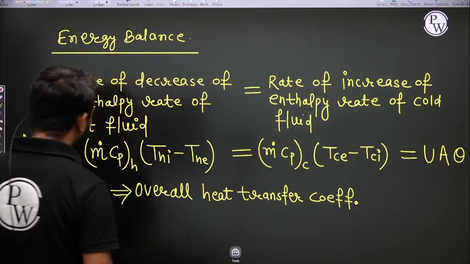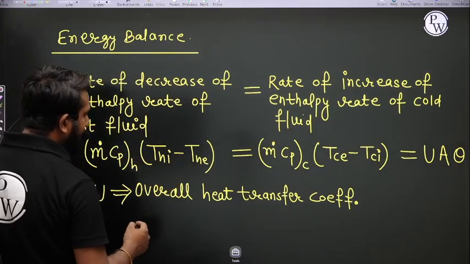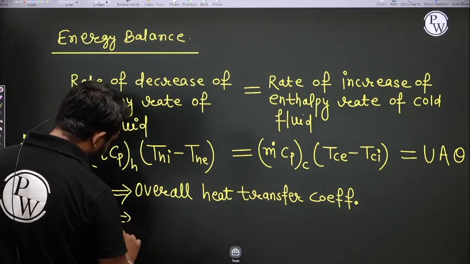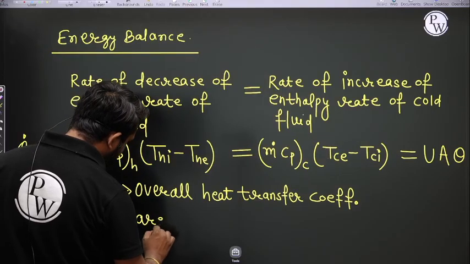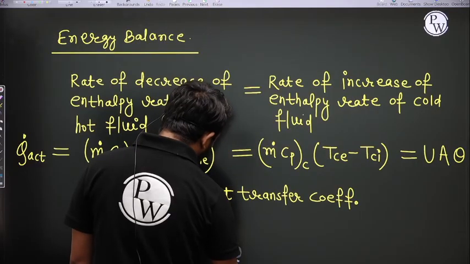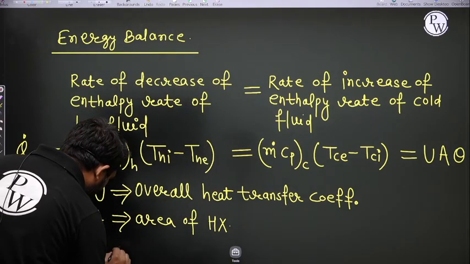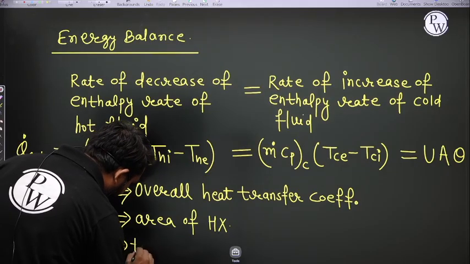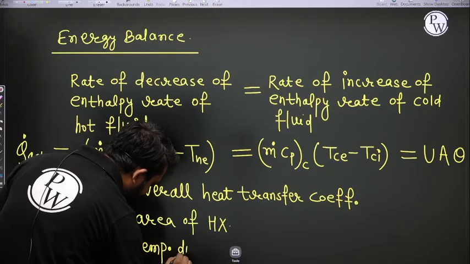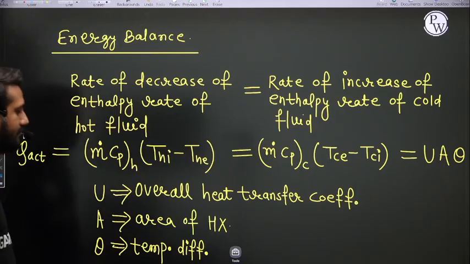Next one is A. What is A? This A is the area of the heat exchanger. And what is theta? That theta is the temperature difference.